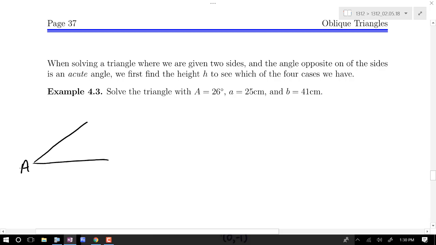Maybe that. I'm not trying to draw a complete triangle right now, but this is 26 degrees. Side B is 41, so that'll be the adjacent side here on top, 41 centimeters. That's given. And then side A is 25 centimeters.